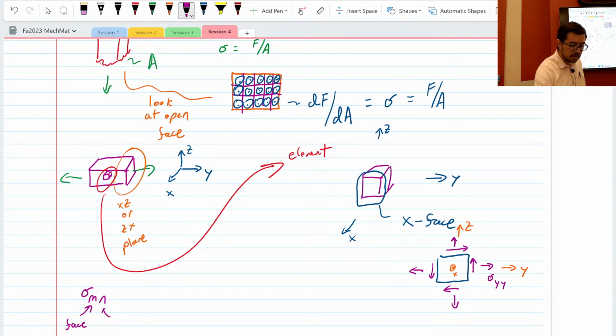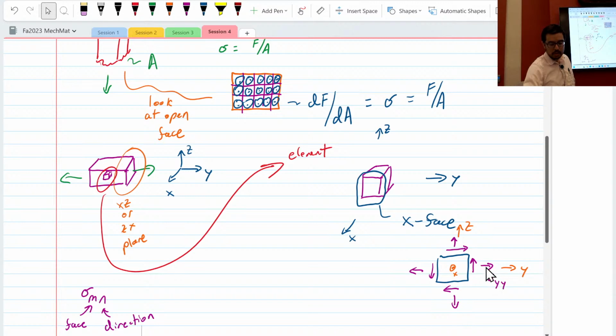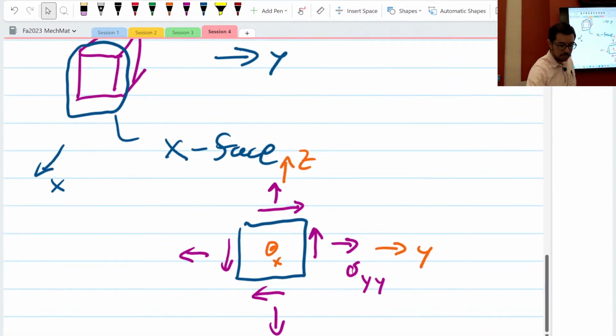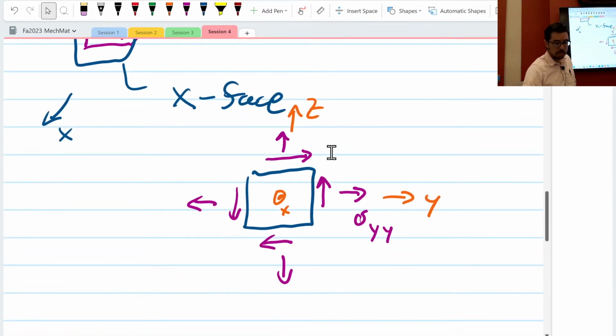The second subscript is the direction. So on this sigma y, y, this is on the y face in the y direction. What is this one going upward, this purple one up here?